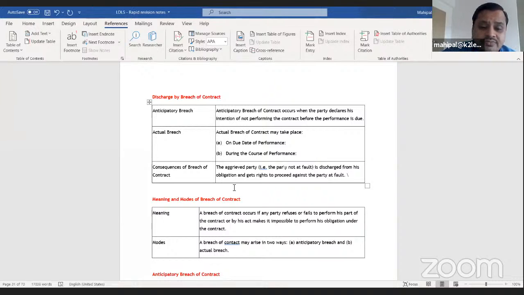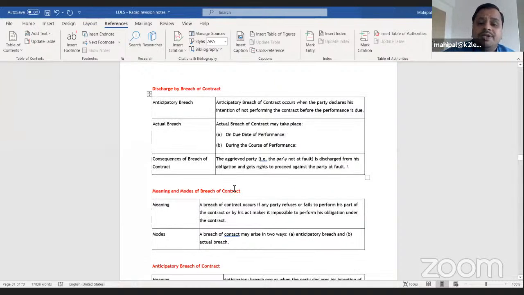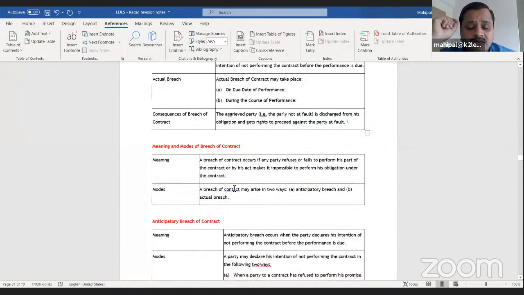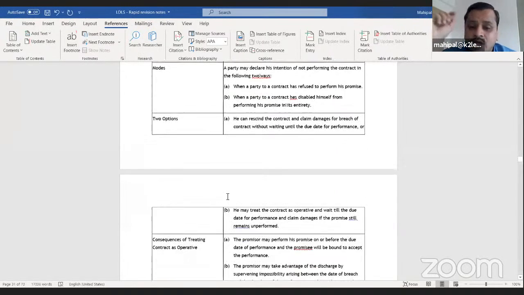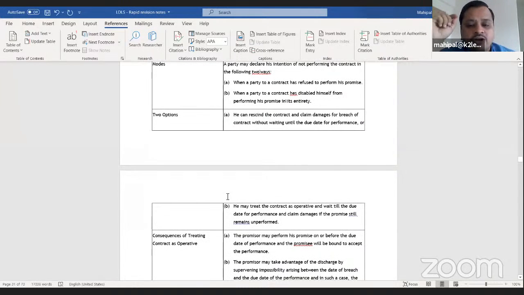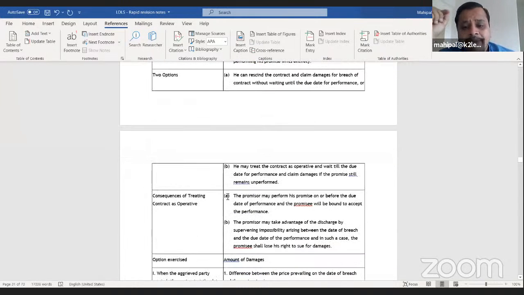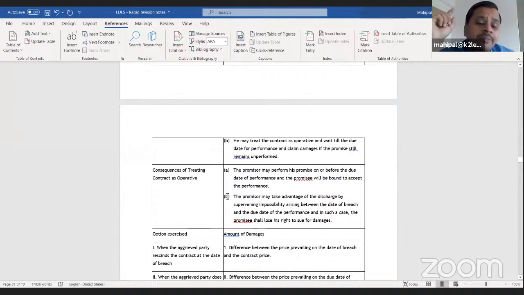Now, anticipatory breach, what happens? The party has two options. He can treat this anticipatory breach as an actual breach and claim damages, or he may treat the contract as operative and wait till the date of performance and claim damages if the promise remains unperformed.